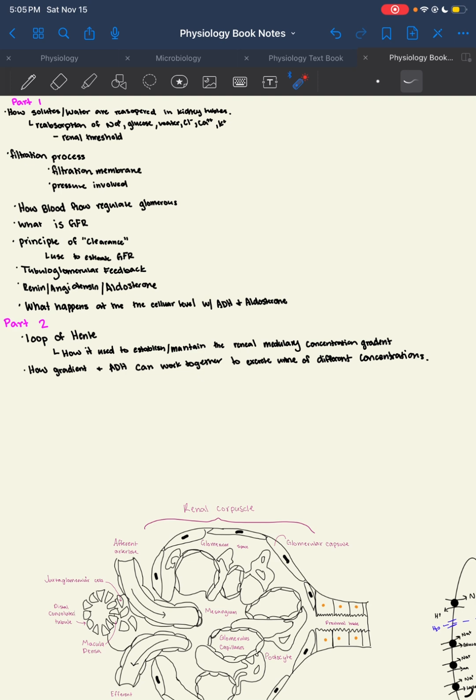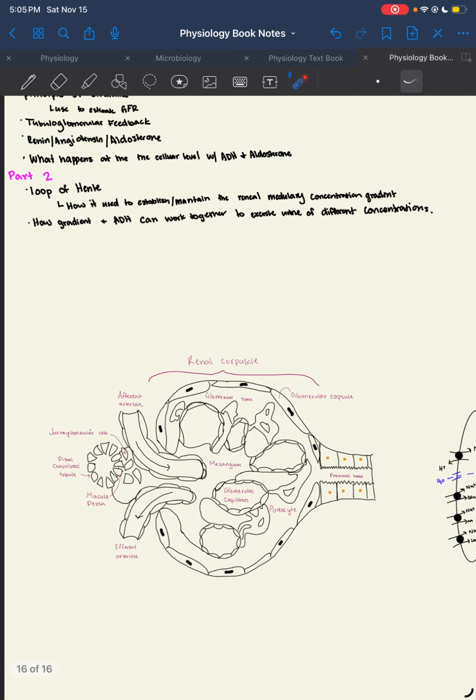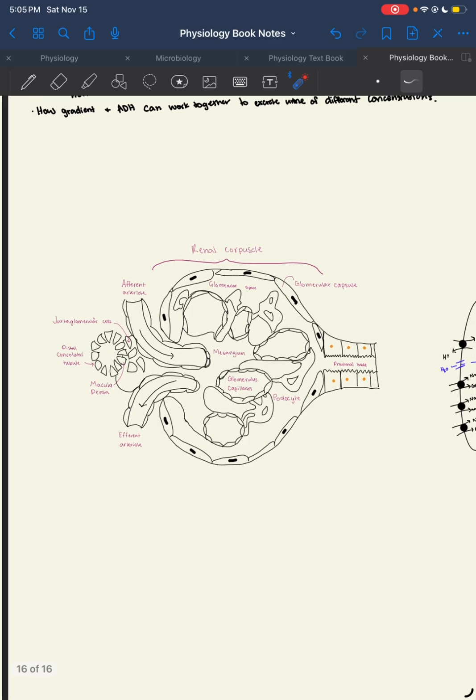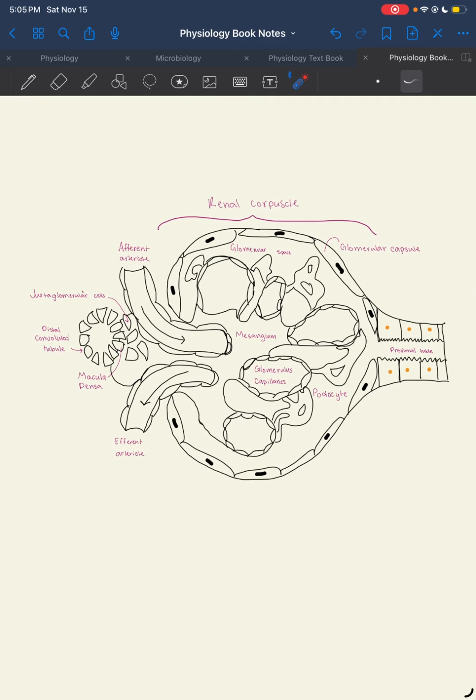So first, we're going to talk about filtration, reabsorption, GFR, and hormones. We're going to talk about filtration in the renal corpuscle. Here is the renal corpuscle. Filtration takes place here in the glomerulus.